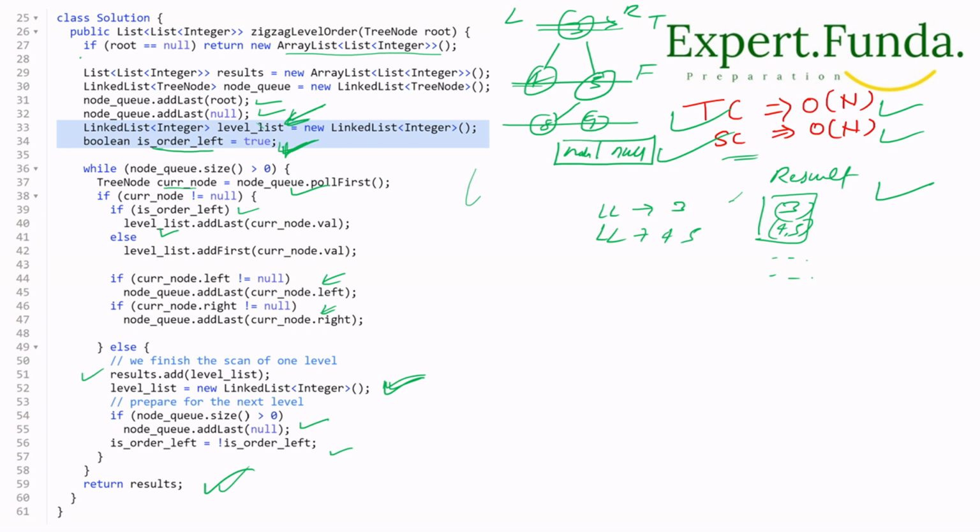At any time the node queue would hold the nodes of at most two levels, right. Therefore the size of the queue would be no more than 2 into L, if L is the maximum number of nodes in a level. So finally, if you take the binary tree, roughly L equals n by 2, right. So the space complexity is 2 into n by 2, so it becomes n in the worst case. So you can consider O of n as the space complexity also.